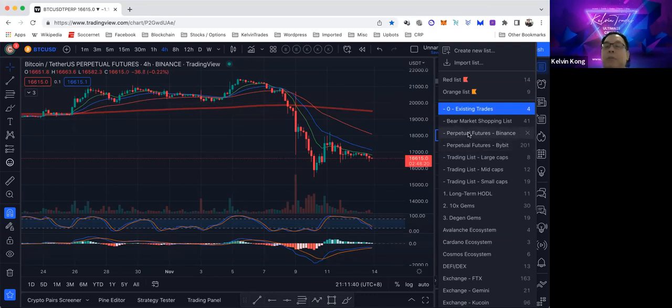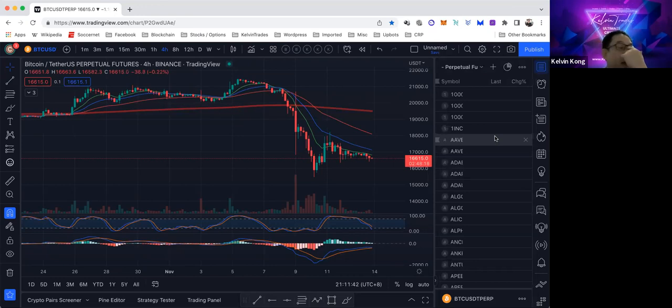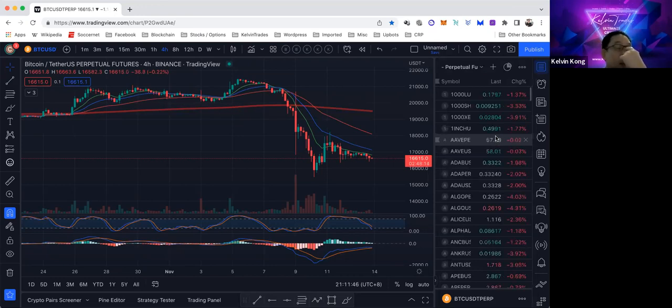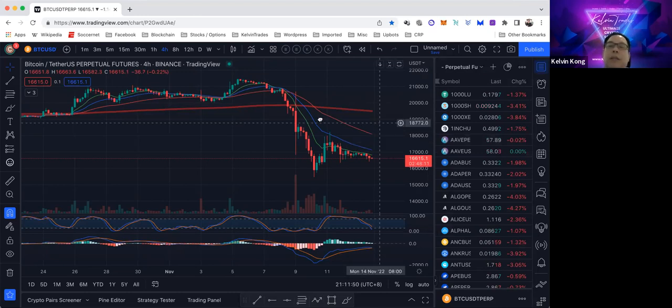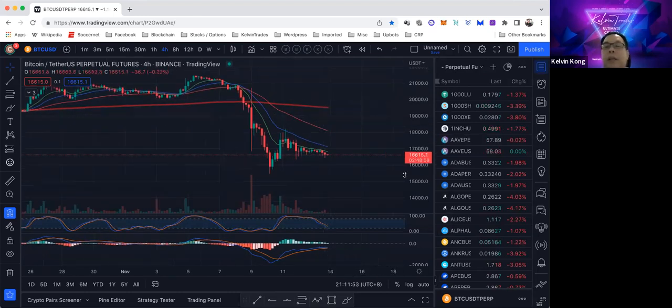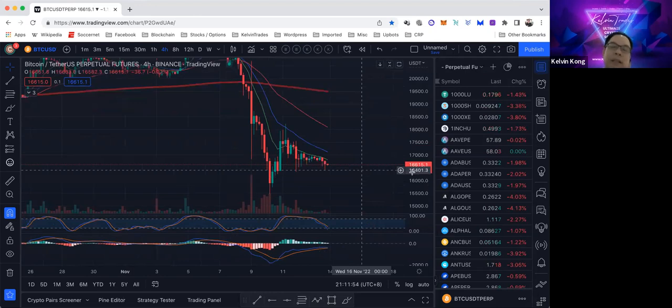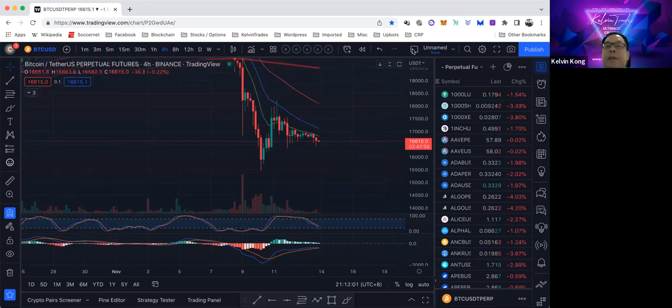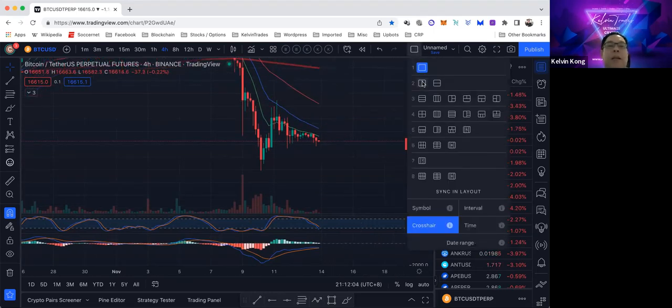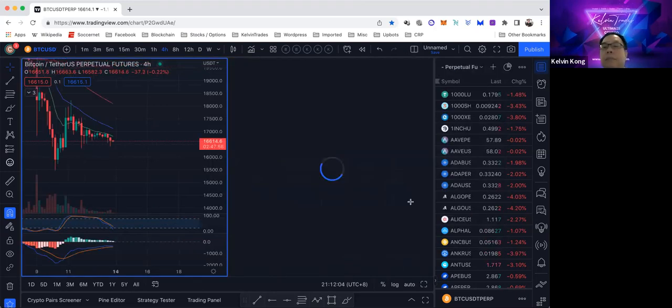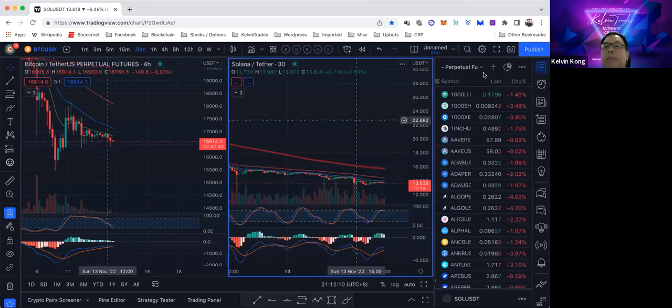If I want to trade on Binance, I'll go to the Binance watch list. Even though the charts are almost similar, there's still a slight difference between exchanges regarding the price. Let's say for example, this is Binance. Then I go to Bybit.